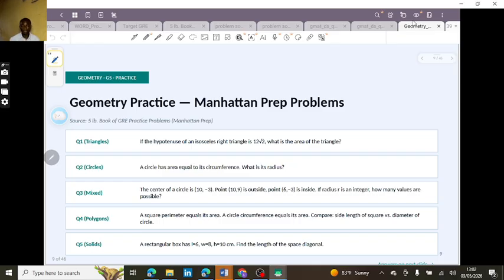Remember, yes. This is an isosceles triangle, so nothing to do with pi. So look at it.